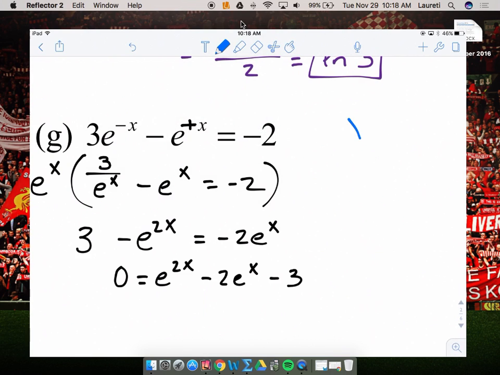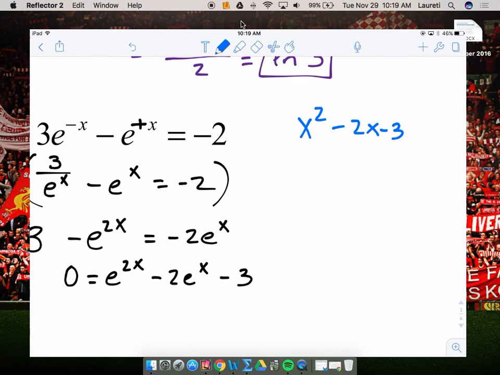If I had, say, x squared minus 2x minus 3 set equal to 0, you would factor it, giving you x minus 3, x plus 1, and go from there. So when you see e to the 2x, it's almost like you have your variable and it's being squared. So how could you break up e to the 2x?